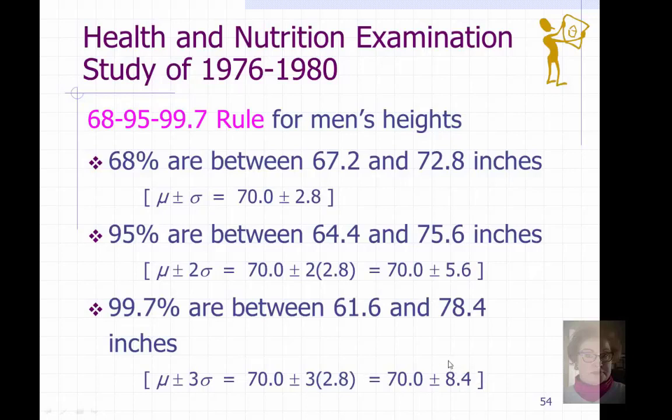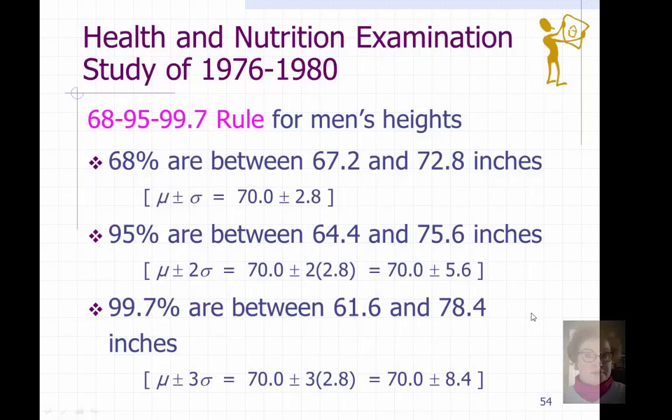And we know that 99.7% are within 3 standard deviation units. So 3 times 2.8 is 8.4. And so we know that almost all young men between 18 and 24 are going to be between 5'1.5" and 6'6.5". Now you may know people who are young men who are shorter than 5'1" and taller than 6'6", but they're going to be in this 0.3%.